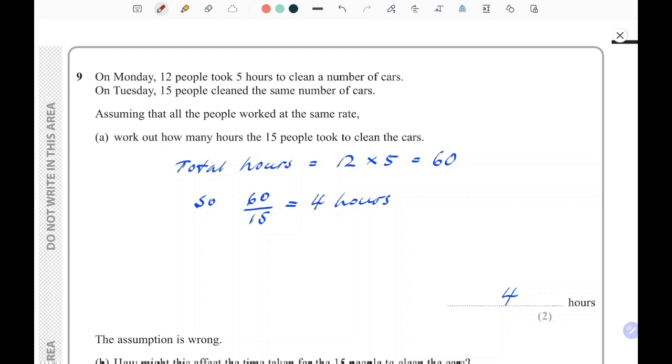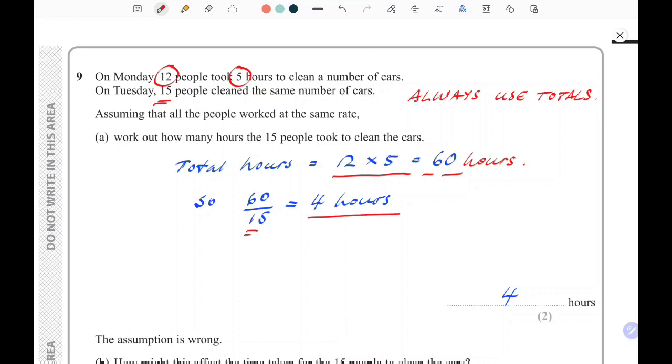With this question, always use totals. 12 people working for 5 hours is a total of 60 hours. So if you then have 15 people working on the second day, those 60 hours of work divided by 15 people, it's going to be 4 hours.